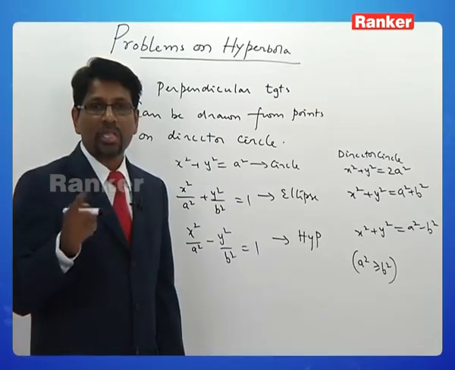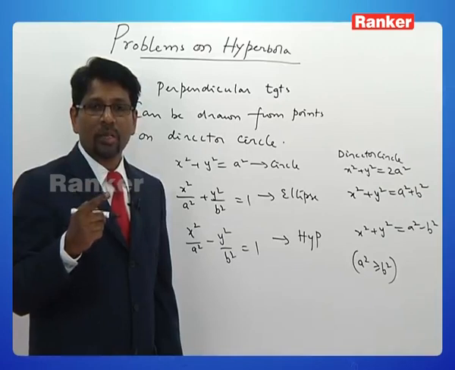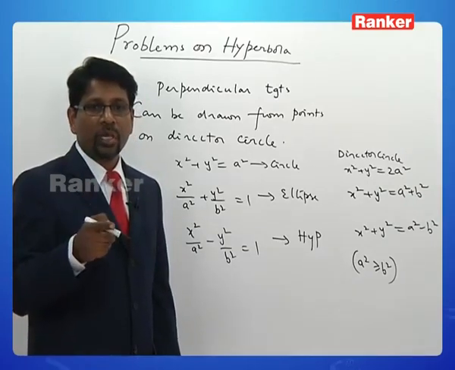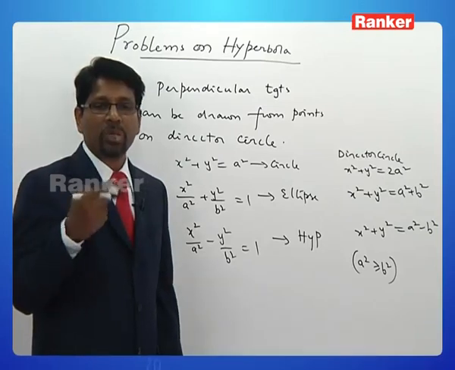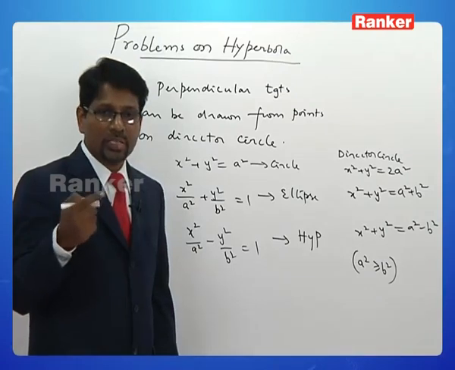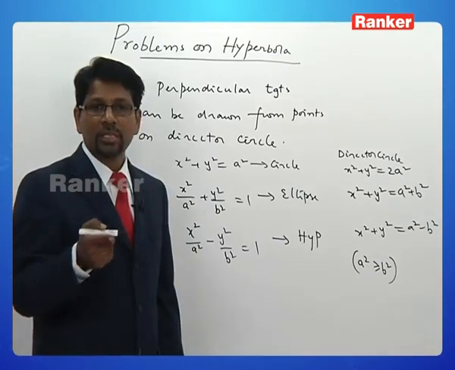Coming to the second one, it is a hyperbola with a square greater than b square, so there is no problem. Third one, it's again an ellipse. We will be able to draw perpendicular tangents from points on the director circle, that is x square plus y square is equal to 13.